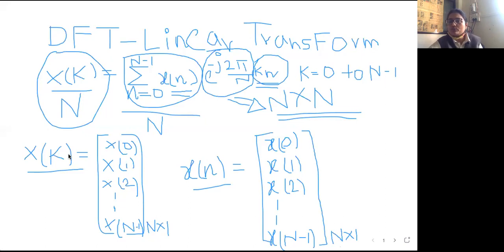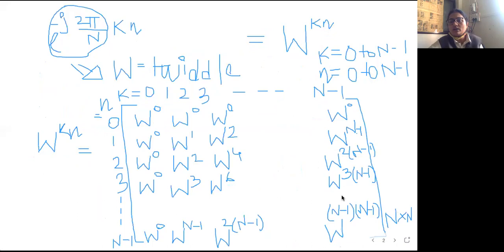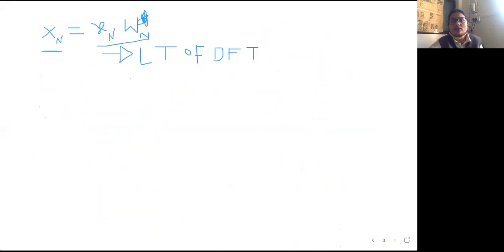So output also we have represented by n by 1 matrix. Along with that, the third parameter, which is nothing but this exponential part, also we have represented by n by n matrix. And finally, this entire DFT equation we have represented as a linear transformation of discrete Fourier transform.